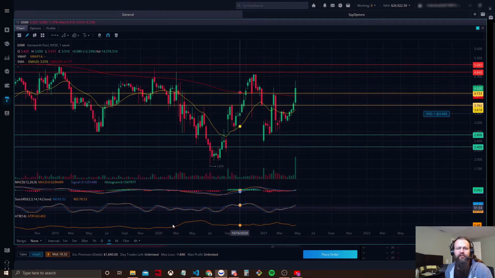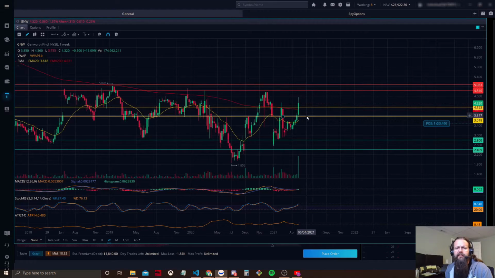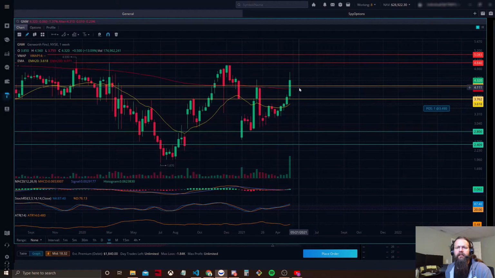Again, this is a super long-term chart, though. So let's zoom in and be a little bit more short-sighted. Because, like I said, in the short term, we've broke above this 200 EMA.